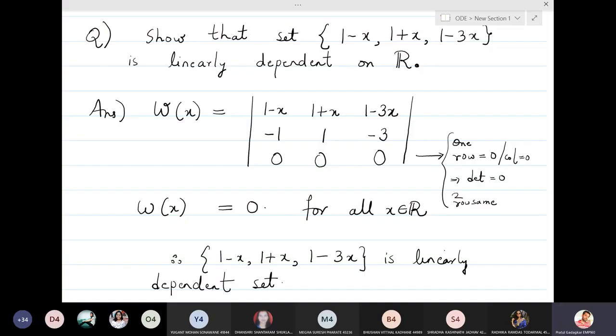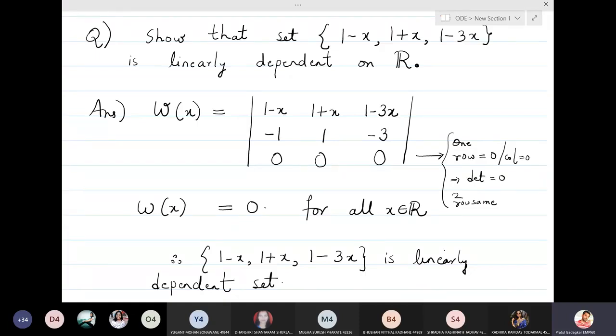This might happen. Can you combine two functions from these and try to get the third function? Is there some relation between the three functions?